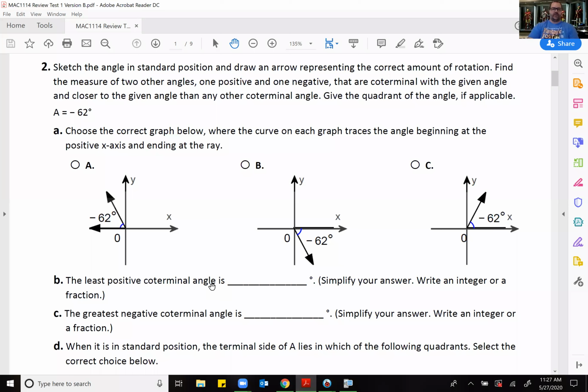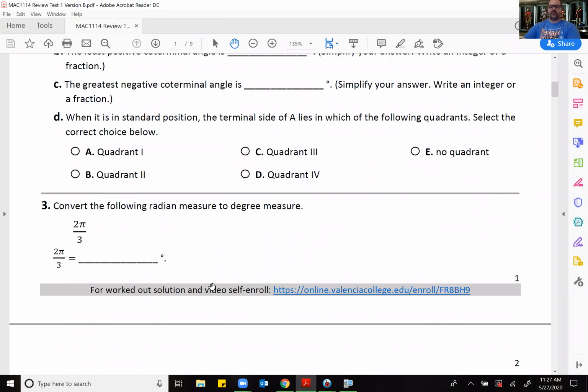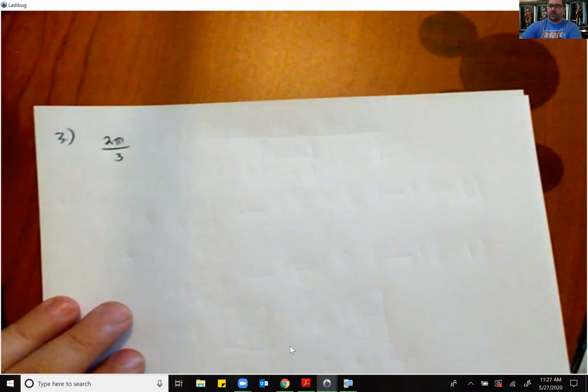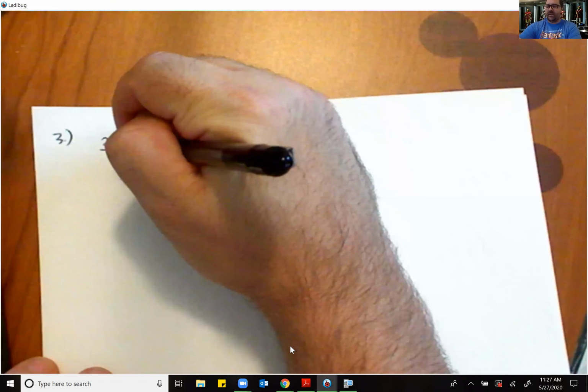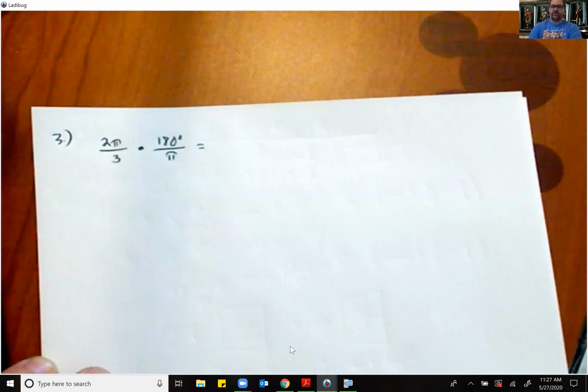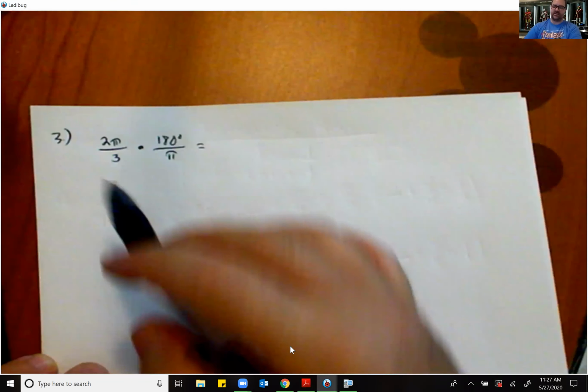Question 3. They want you to convert this from radians to degrees, but we've already kind of talked about that. In order to convert this, all we're going to do is multiply this by 180 degrees over pi. So the two pi's are actually going to cancel out.